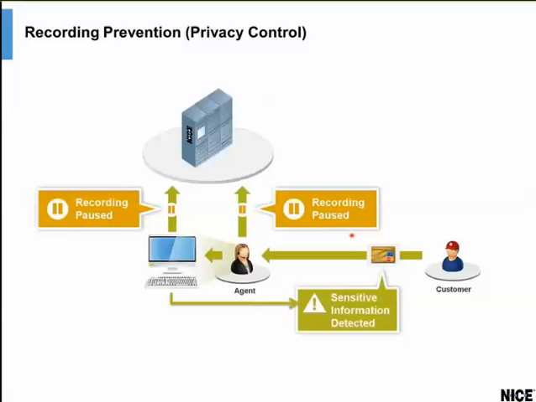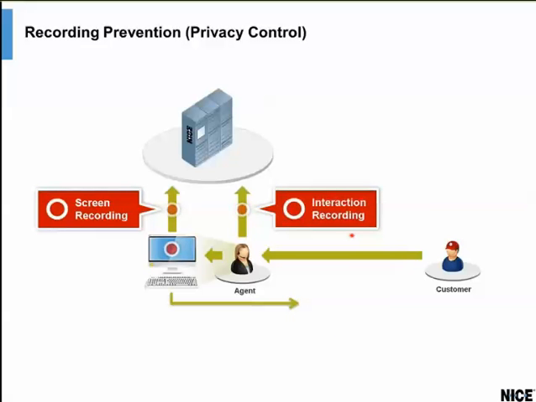Now the agent is able to have the customer say out loud their account information or their social security information, and the NICE system will not record it. And then once the agent clicks out of the field or proceeds into their next step within their procedures, the real-time client is going to send the resume command up to the NICE system, and we will start recording again. So that's a good example of using privacy control.